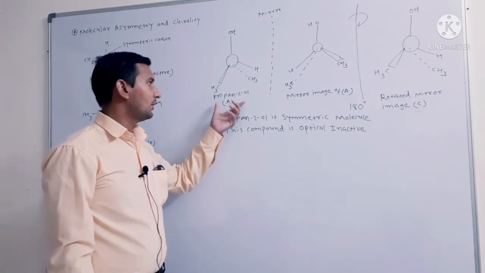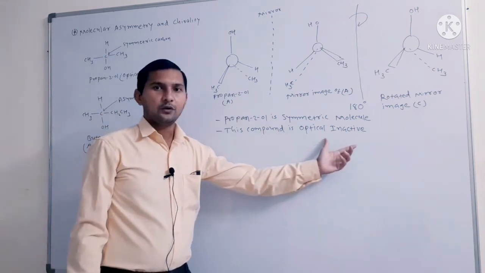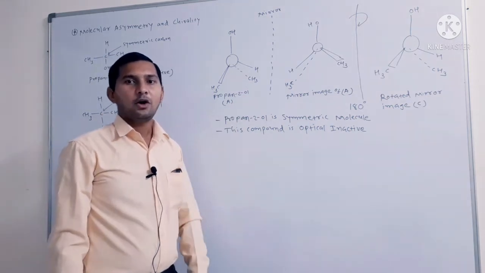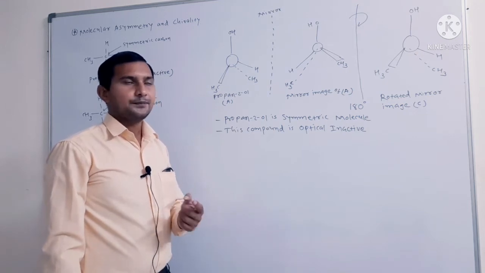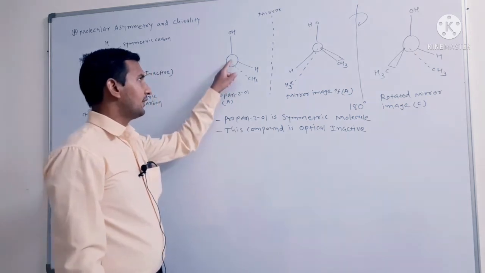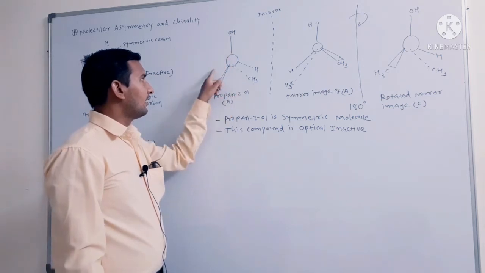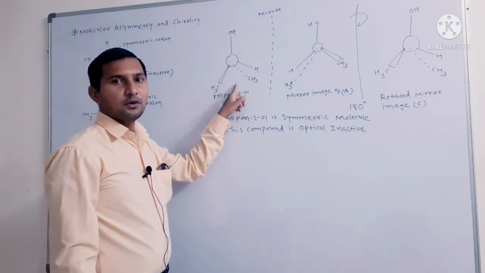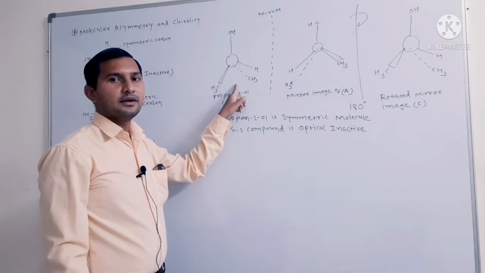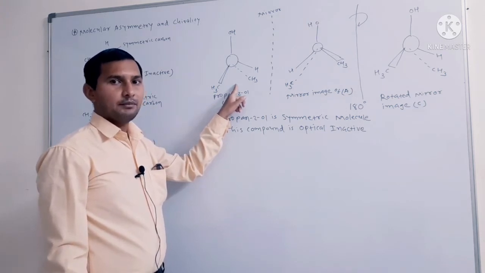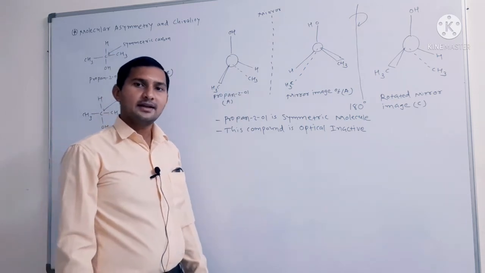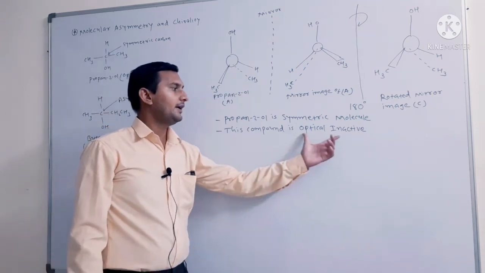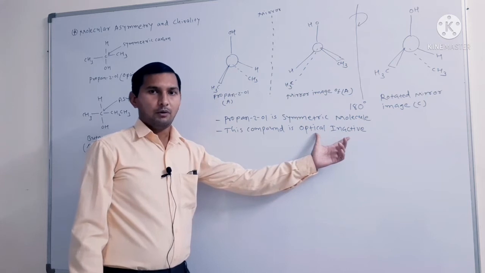So this molecule is optically inactive. The main reason for optical inactivity is molecular symmetry. If a carbon is attached to two or more similar groups, such a compound is always optically inactive and cannot rotate plane polarized light.